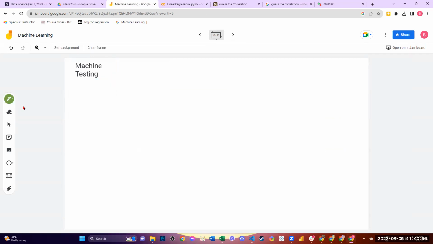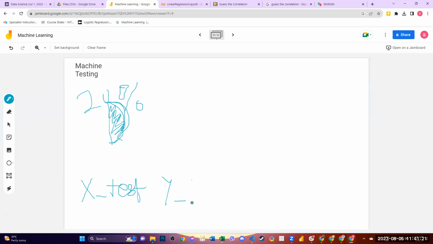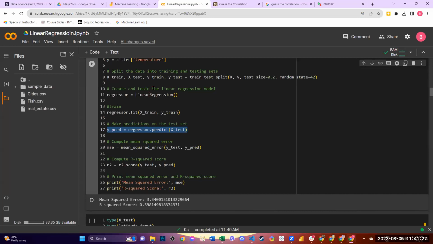So in the machine testing, we get the 20% of our data from X test and Y test, right? X test and Y test pala, sorry. X test and Y test.